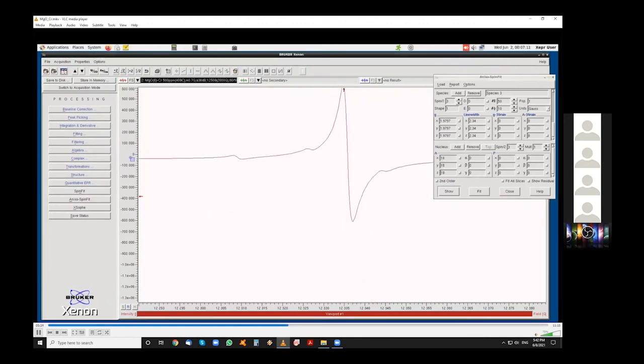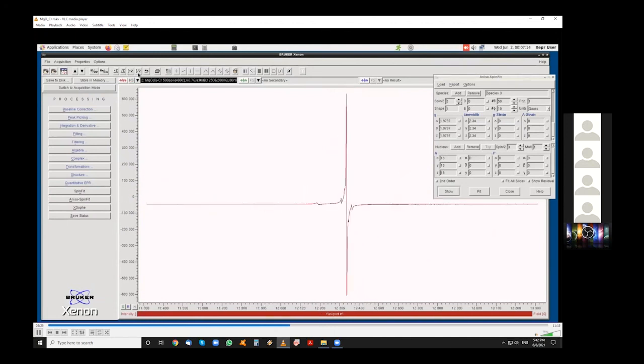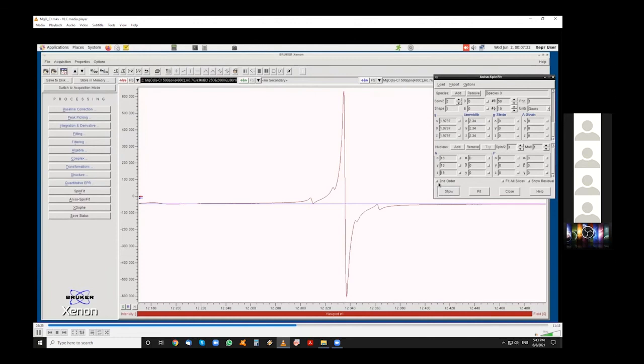And in the end, we will optimize all the parameters. So you see the first fit with all the values that I inserted.